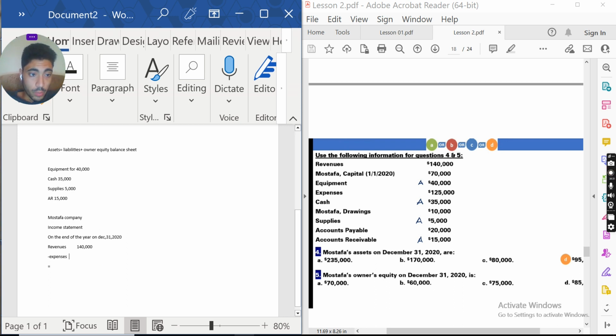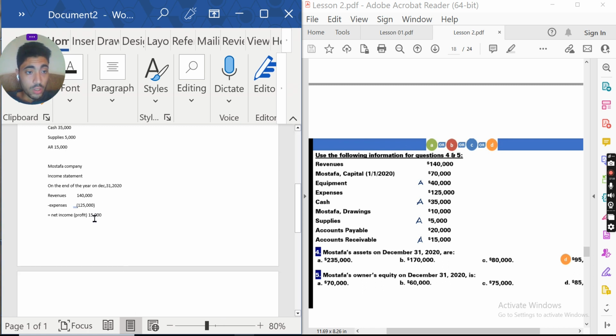What are the expenses provided here, please? The expenses provided here is 125,000 in brackets. Revenues are more than expenses, so it will give us net income. Between brackets is called profit. 15,000. So we have a net income or profit of 15,000.